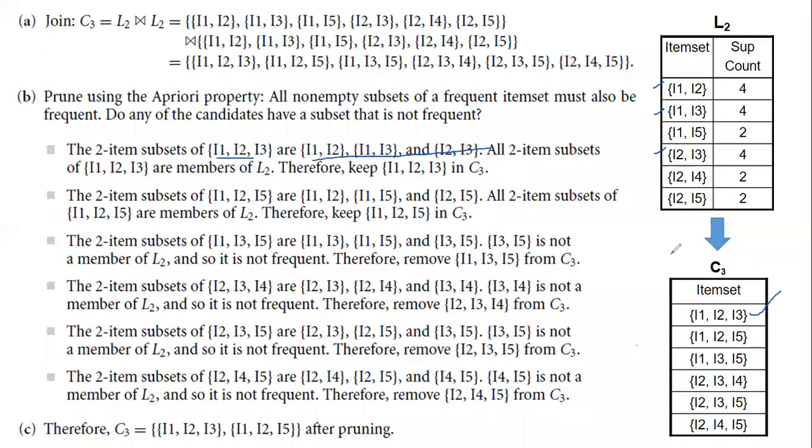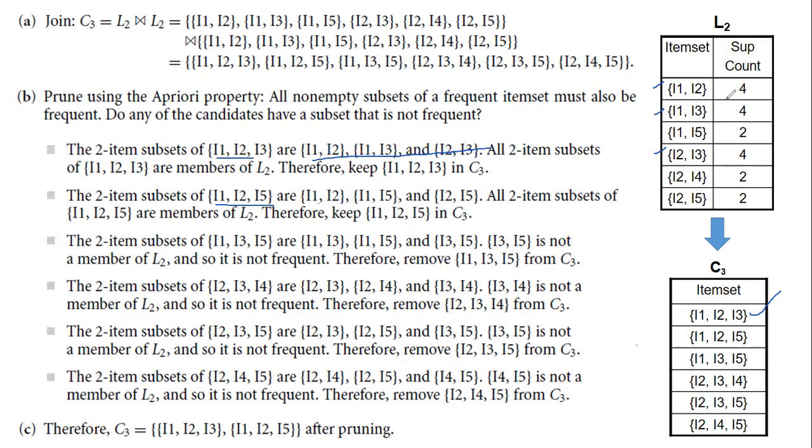Okay, next we have this one. Second one, I1, I2, I5. What are the subsets of I1, I2, I5? I1, I2, I1, I5, I2, I5. So these are the subsets. What we have to do is check in the L2.